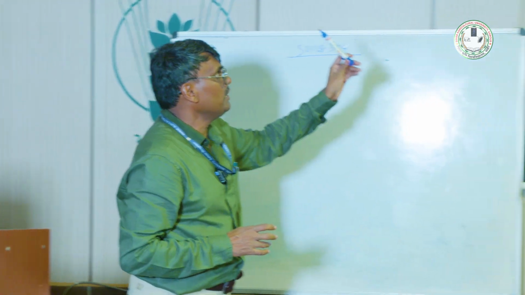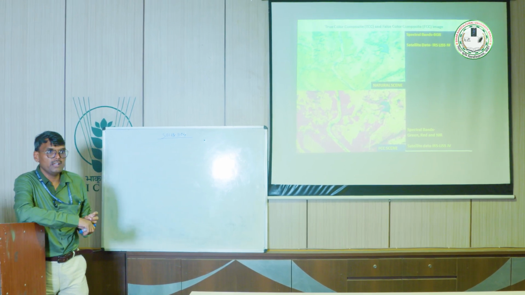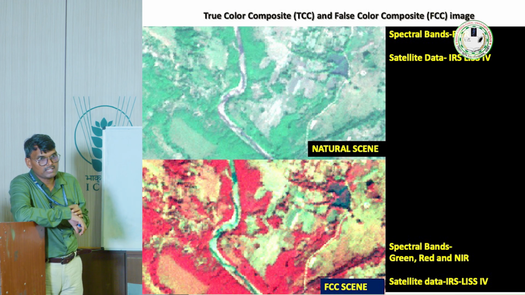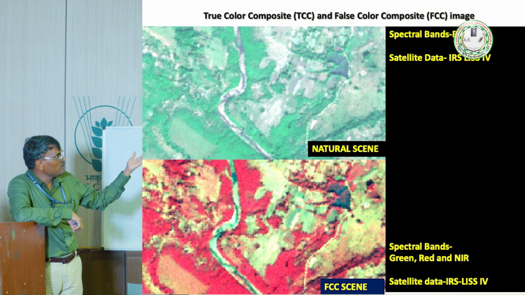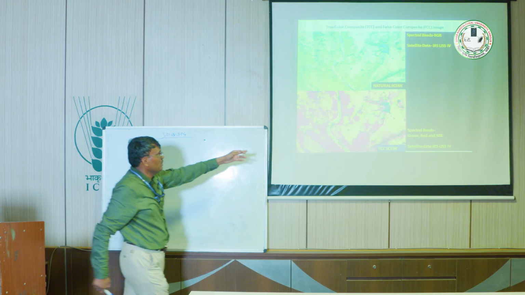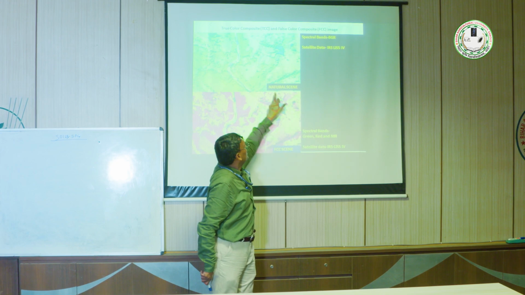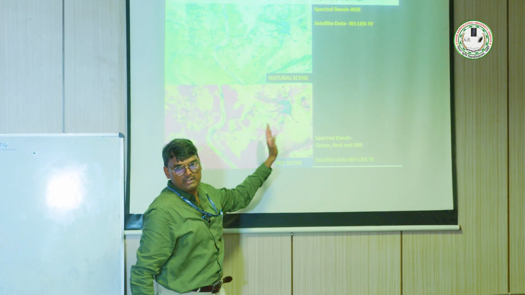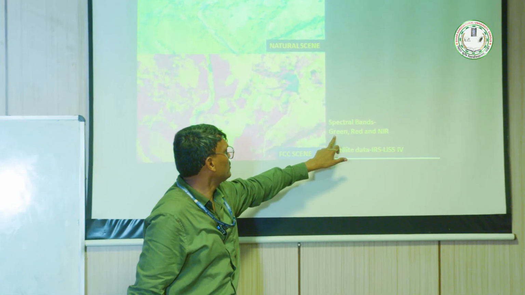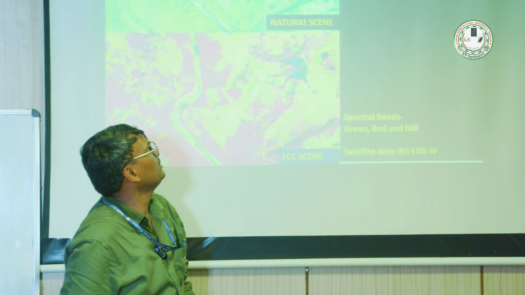Here two images have been portrayed. First one, true color composite. Second one, false color composite image. True color composite is whatever we see with our eyes, but in the same image, when we use near infrared, this true color composite may be converted into a false color composite image in terms of layer stacking bands of green, red and near infrared.